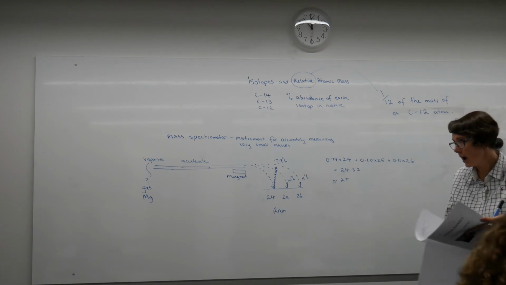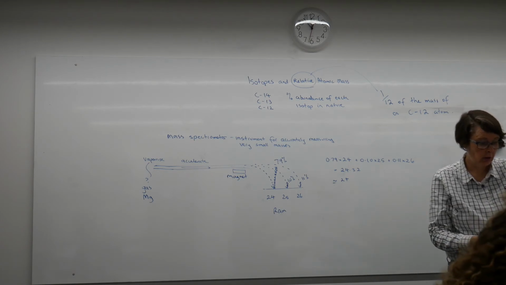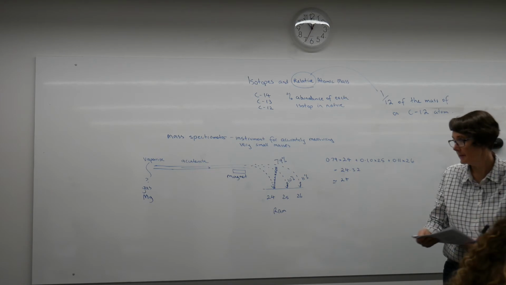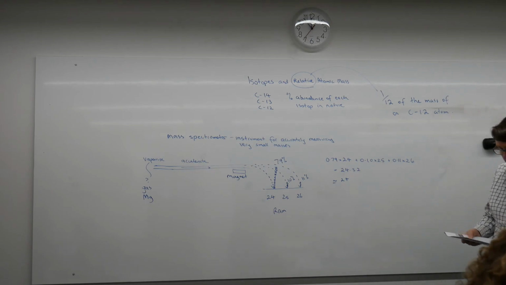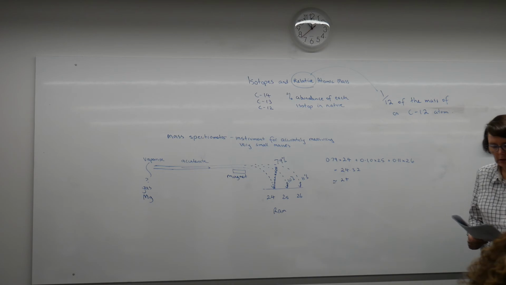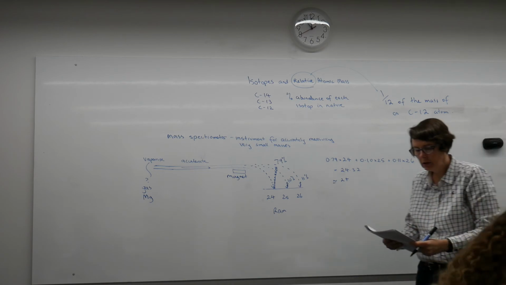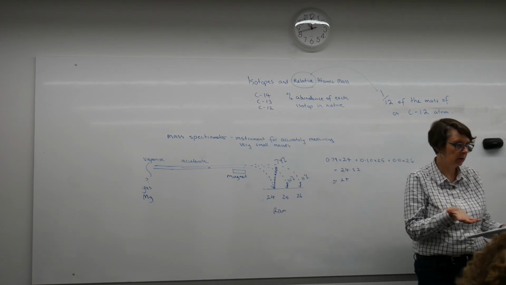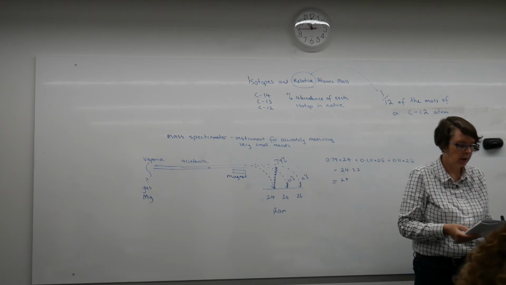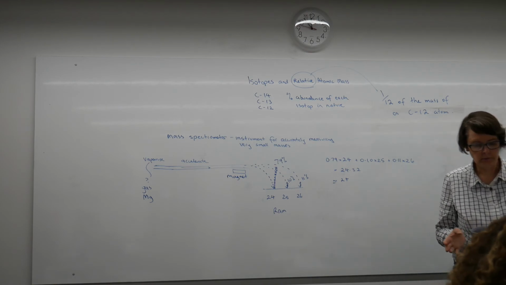You do need to know how a mass spectrometer works. That's on the course. And the second example on page 14 is for chlorine, which has the 2 isotopes, chlorine 35 and chlorine 37.